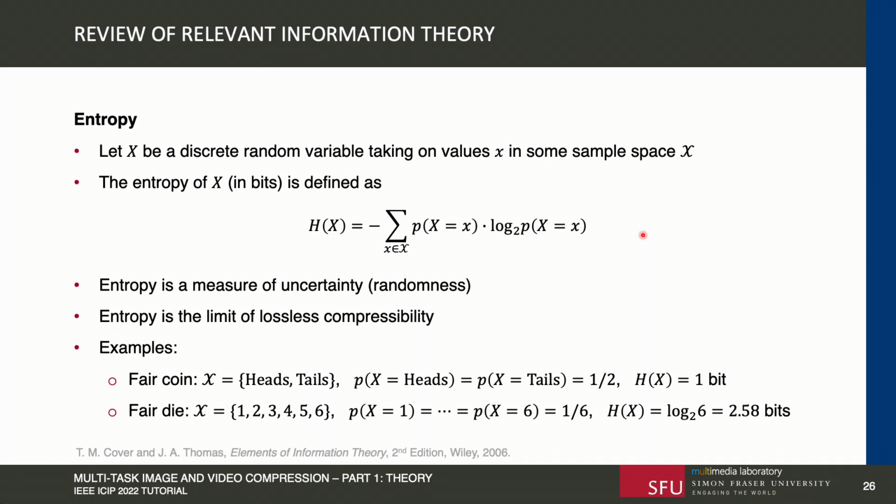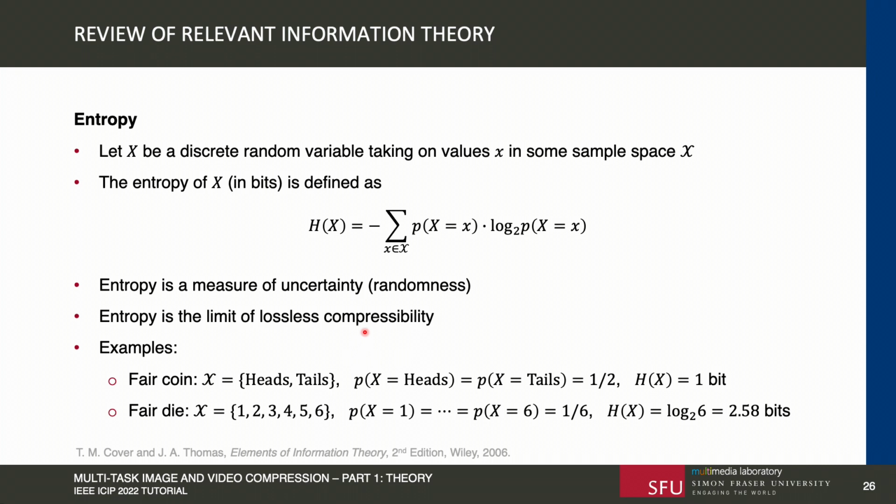And one of the basic results in information theory says that the entropy is the limit of lossless compressibility. In other words, if you were to encode the outcomes of the random variable into binary strings, then you need to spend at least H(X) bits per outcome in order to have a code that can be completely and unambiguously decoded into the original outcomes.